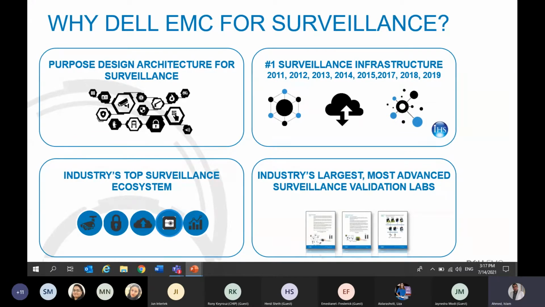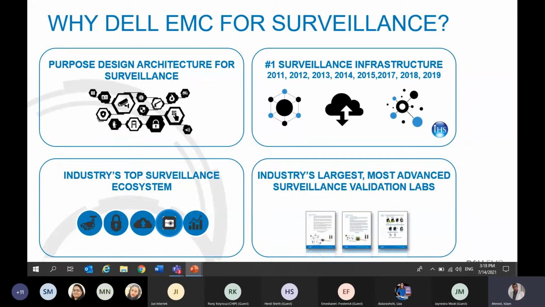Third reason why people go for Dell is that Dell EMC has the industry top surveillance storage and infrastructure ecosystem, with leading surveillance vendors that are capable of building proven video and surveillance management software into your architecture, which will enhance the security, the application, and the analytics.